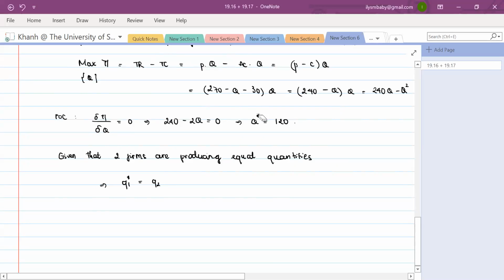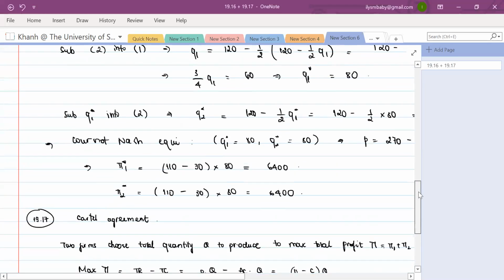I'm going to use a different notation to differentiate this from the previous case. I would say QC, to indicate that this is the cartel agreement, so I got QC, QC. And so it's 120 divided by 2, and that is 60. So each firm is going to be producing 60 units of output.